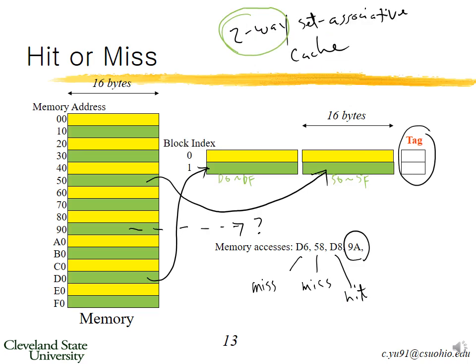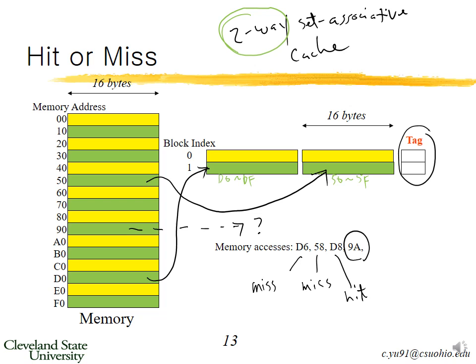The two-way set associative cache is more like in between the fully associative cache and the direct mapped cache. So instead of 4 different colors, or instead of one single color, we have 2 different colors. For example, D6 is a miss. You accommodate it into the green colored block.